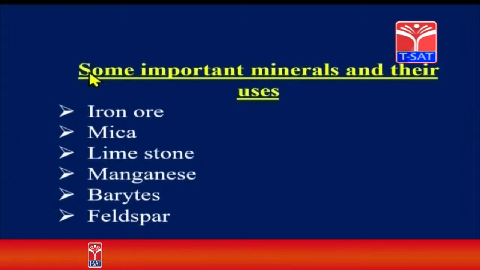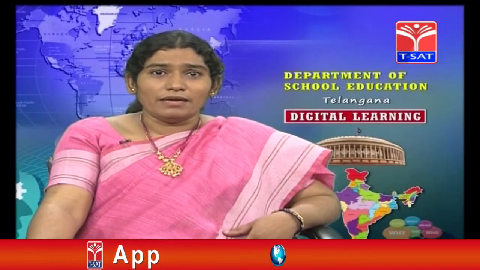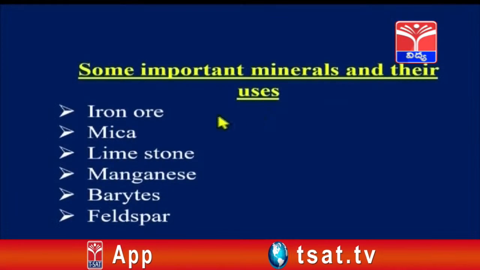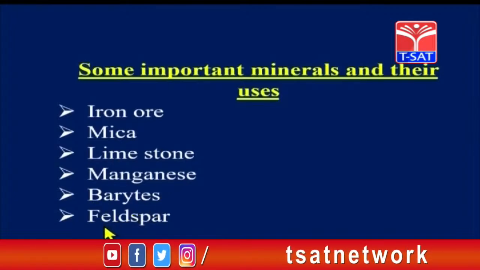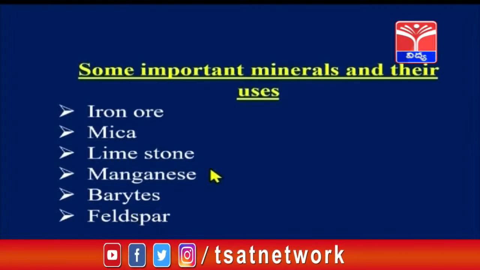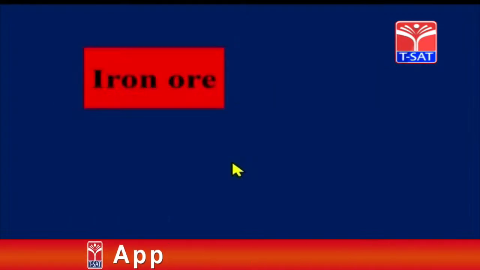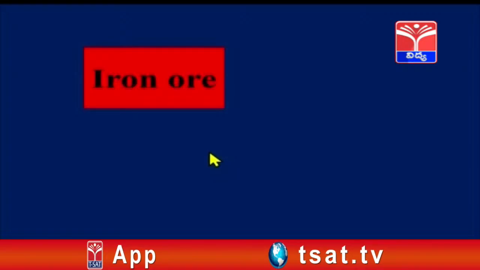Yes. Now, let us study some of the important minerals and their uses such as iron, mica, limestone, manganese, barytes and feldspar. So, each one we will discuss in detail. Iron ore. What is iron ore?